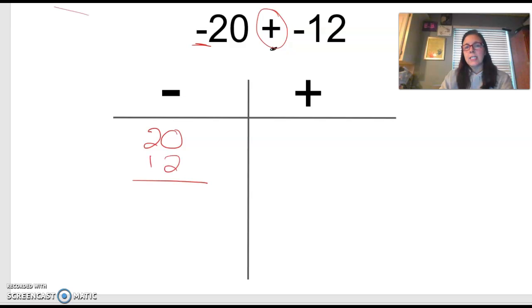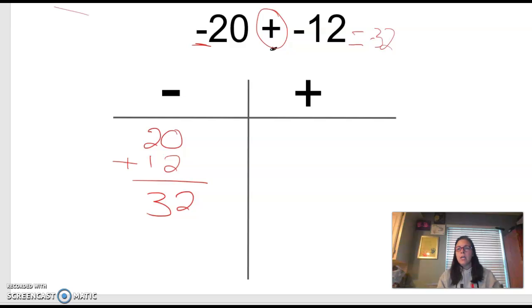And since they start in the same column, we add them. We get -32 because it's in the negative column. I'm going to have to move my picture so I'm not in the way when I write the answer. So we're going to have -32.